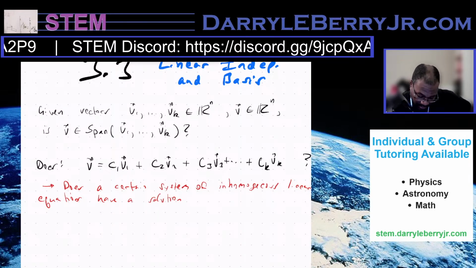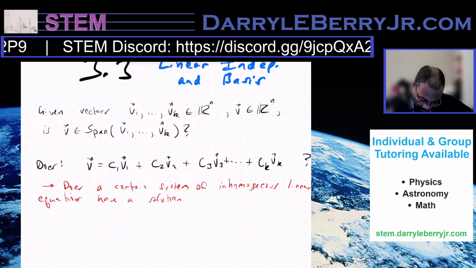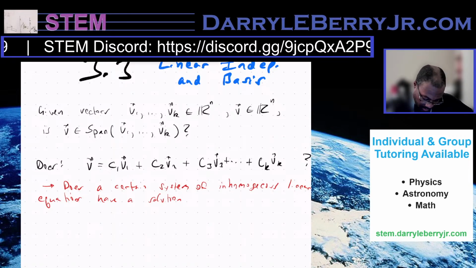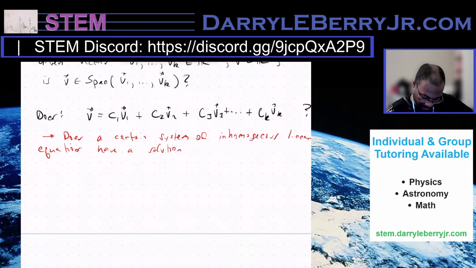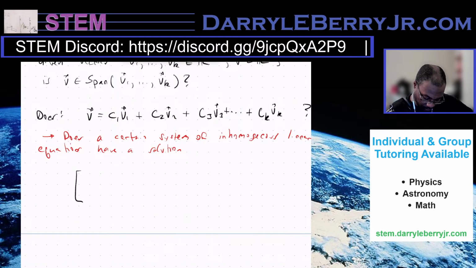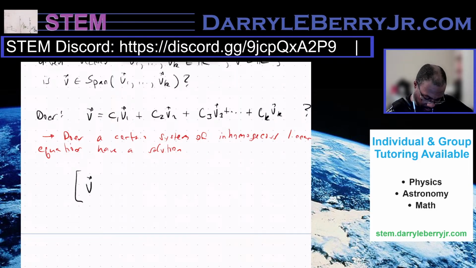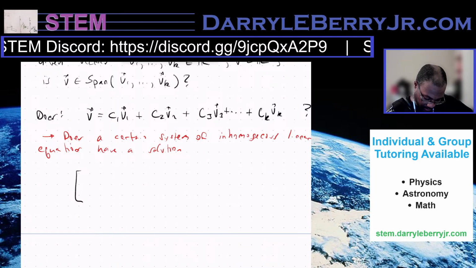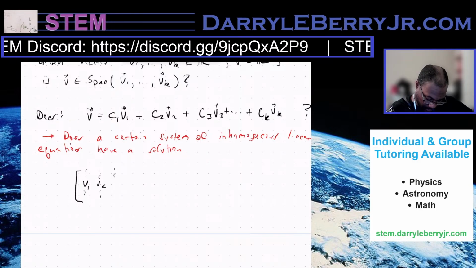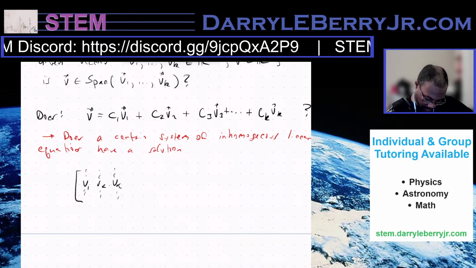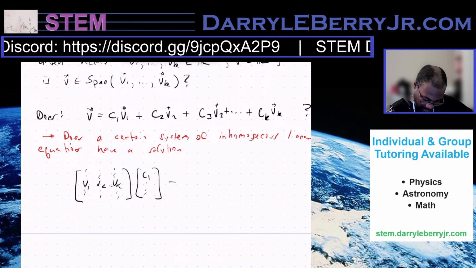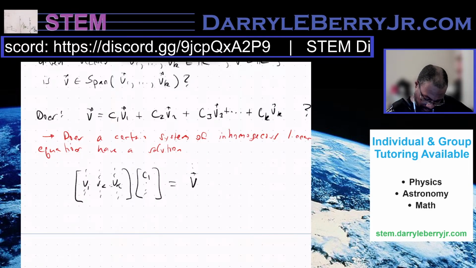So in a sense, I imagine v would be the solution of that. So this would be the same thing as saying v1, v2, through vk, times c1 through ck equals v.